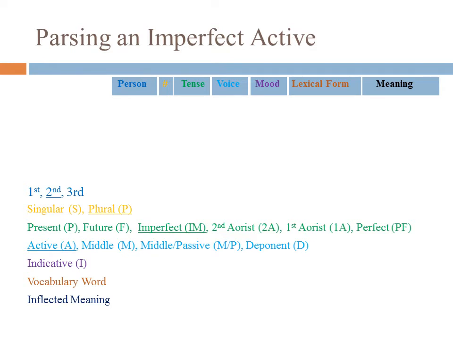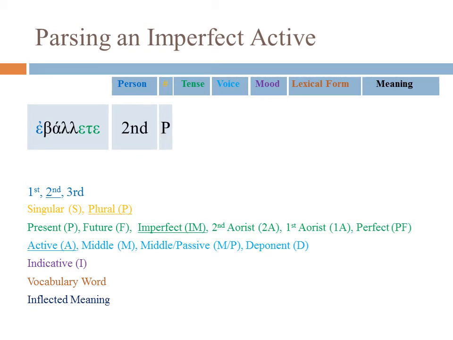Let's parse an imperfect active. Eballete, okay? First of all, you see that present stem ball. That ending you see there is a standard active ending, and you see the augment in front. So, first thing that you know is this is second person plural, right? That's what the ending tells you, ete.